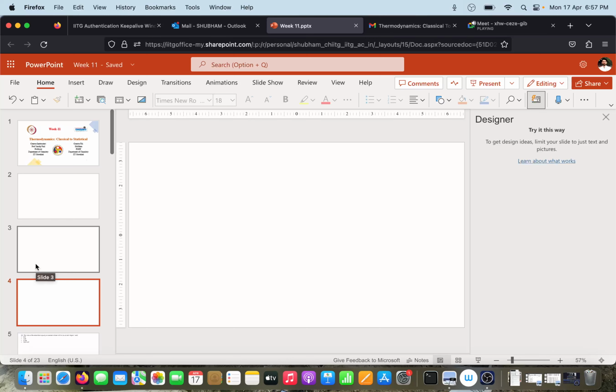Second one, when temperature and volume are given, delta S is equal to N Cv ln T2 by T1 plus N R ln V2 by V1.